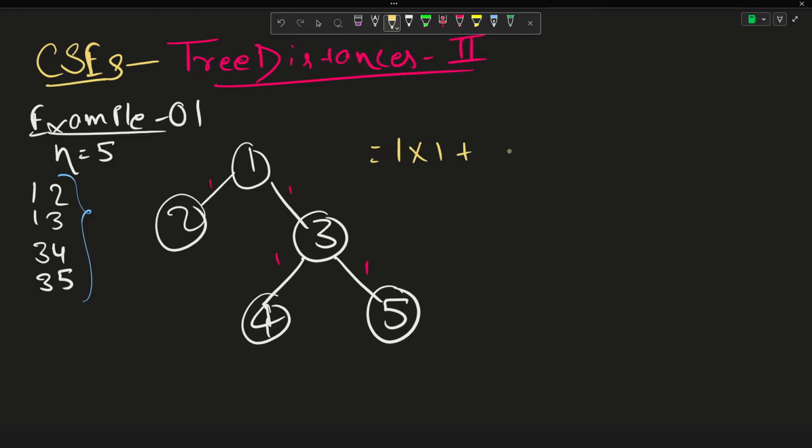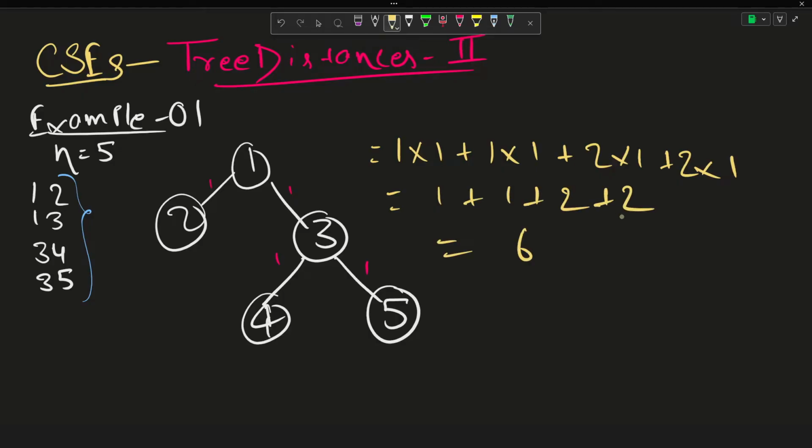Plus the distance that we traveled to reach 3 from 1, that is again 1 into 1, plus the distance it took us to reach 4, which is 2 here, that is this edge, right? So 2 into 1, plus similarly the distance it took to reach 5 from 1, that is again 2 into 1. If you sum this up, it would be 1 plus 1 plus 2 plus 2, which is 6, right?